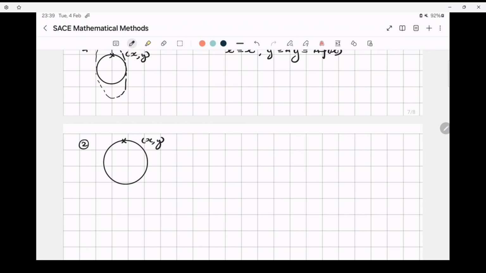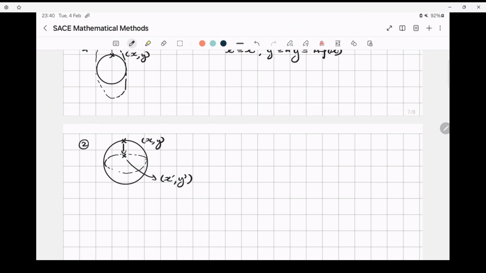So now we try to compress this particular circle in the y direction. So you compress it going down. Of course, when you compress your circle inwards, it will become an oval like that. So this particular point x, y will now be transformed into the new coordinate x prime and y prime.